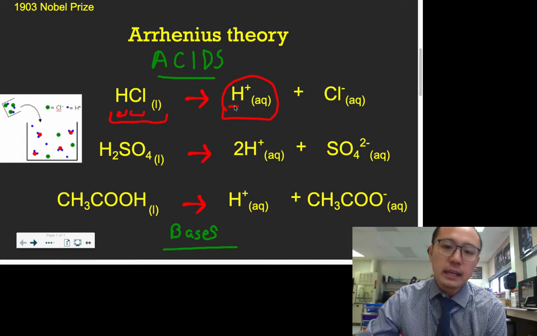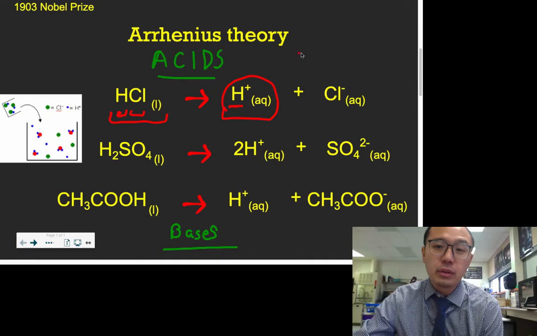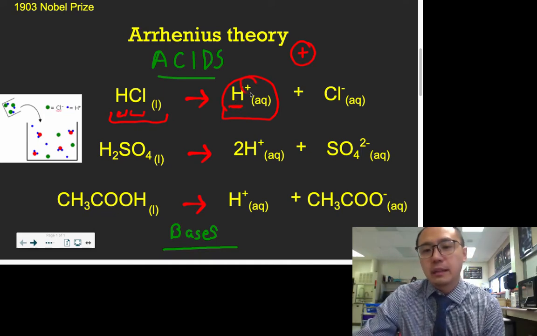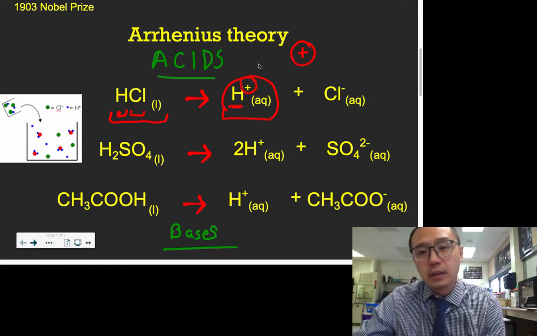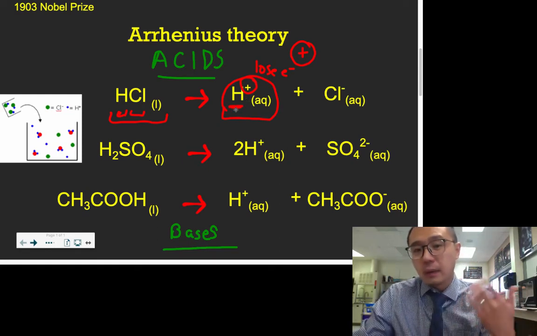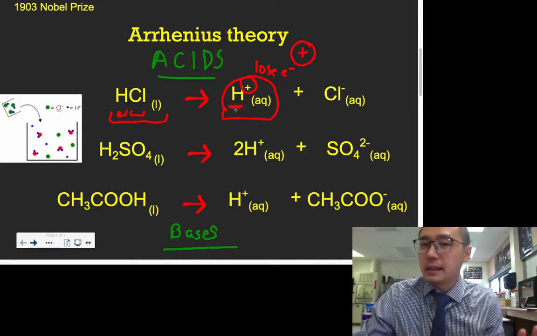We're going to call this H+ a proton because remember, a proton has just a positive charge and no electrons, just like a hydrogen atom, because in order for this to gain that positive charge, it has to lose the electron, right? If you lose an electron, it'll become positive. And in this case, for hydrogen, since it only has one proton and one electron, if you lose the electron, it is exactly just like a proton.